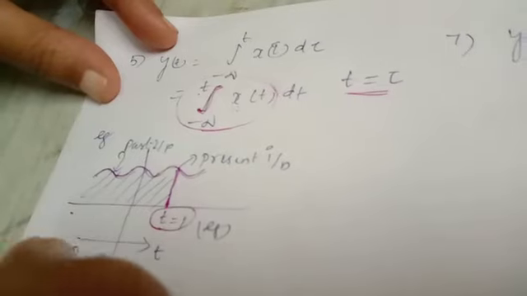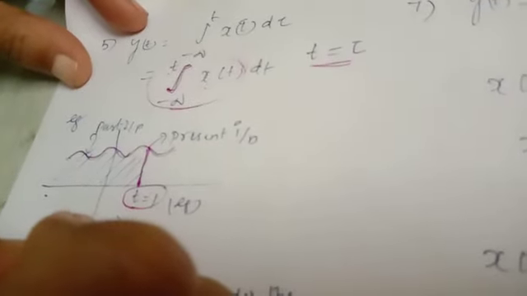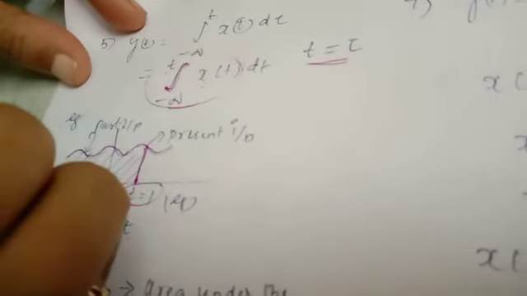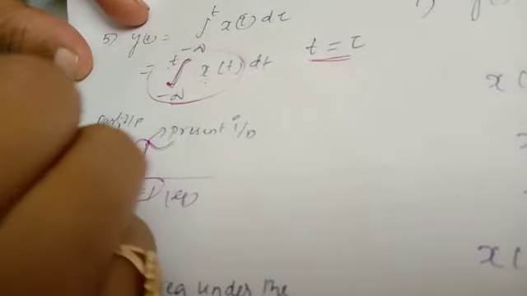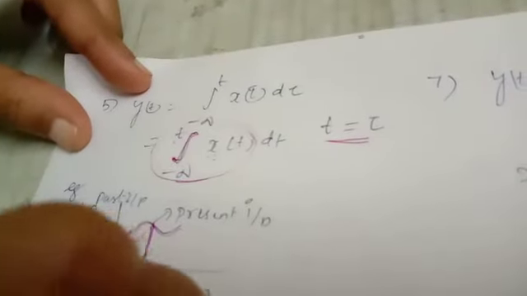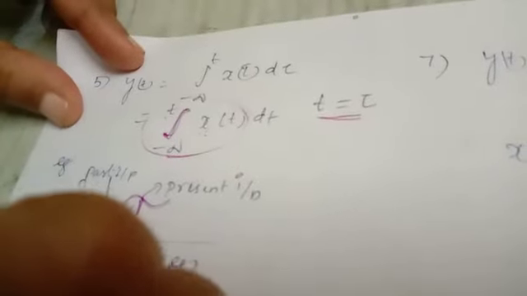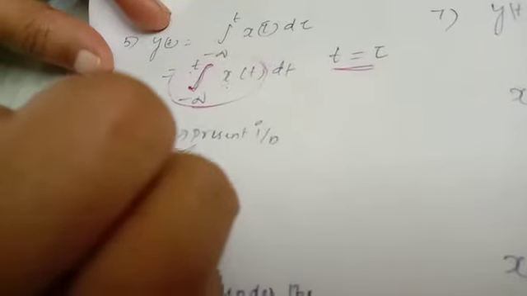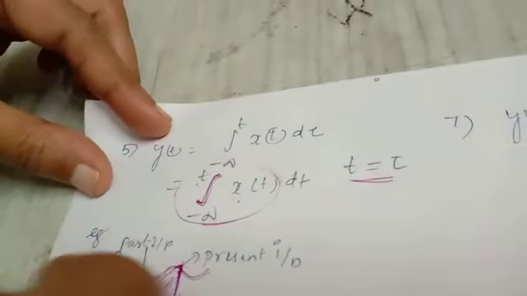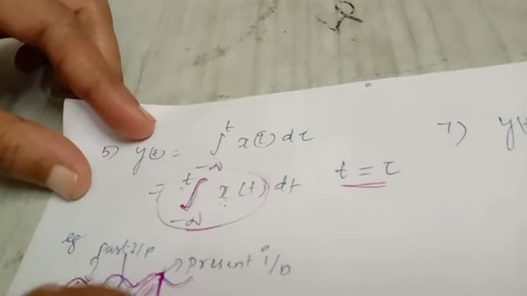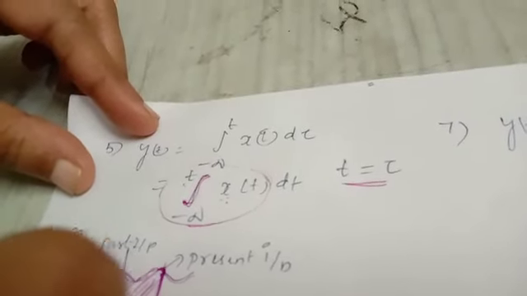At any time, the area under the curve depends on, for example at t equal to 1, the present value of input plus the past value.